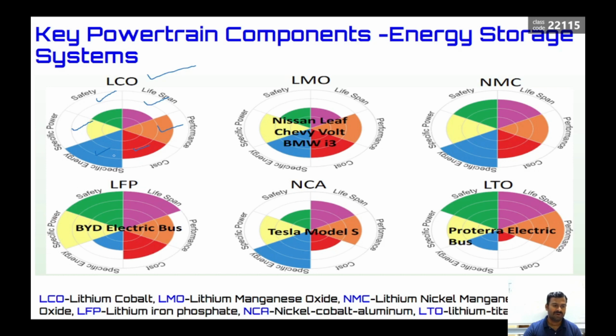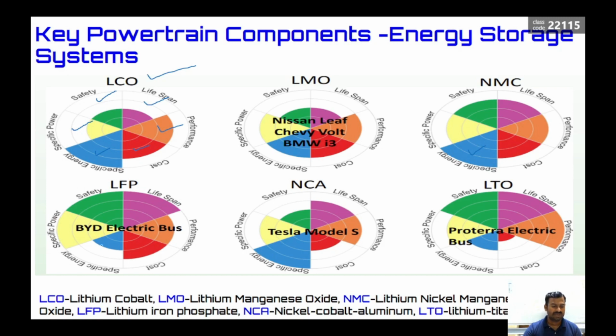But as far as specific energy is concerned, it is very high for the LCO. And for NMC, that is lithium nickel manganese cobalt oxide batteries, again the specific energy, cost, and performance parameters are given here.